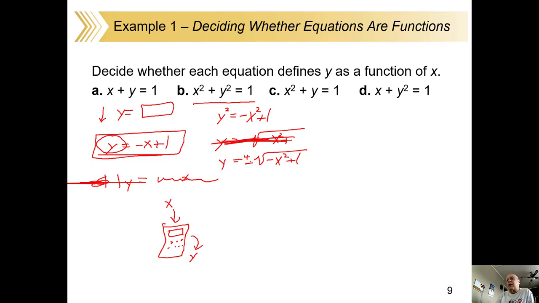That ruins it for being a function, because the idea is you take an x and you perform some function on it, and you end up with only a single y. Well, we've ended up with two y's, a positive value and a negative value, not a function.